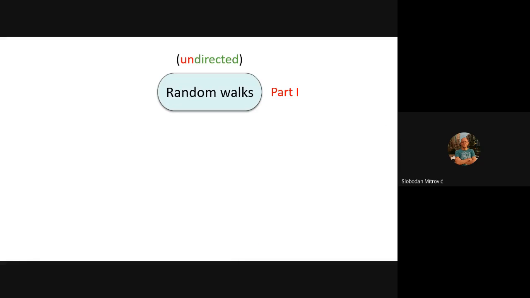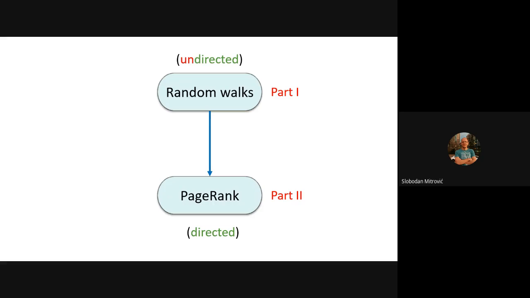Here is the very high level structure of the rest of the talk. We will start with random walks in undirected graphs. Then we will move to showing how to use this primitive for undirected graphs to compute page rank.